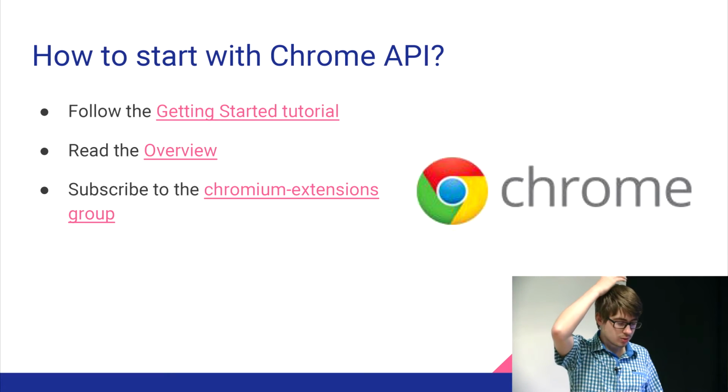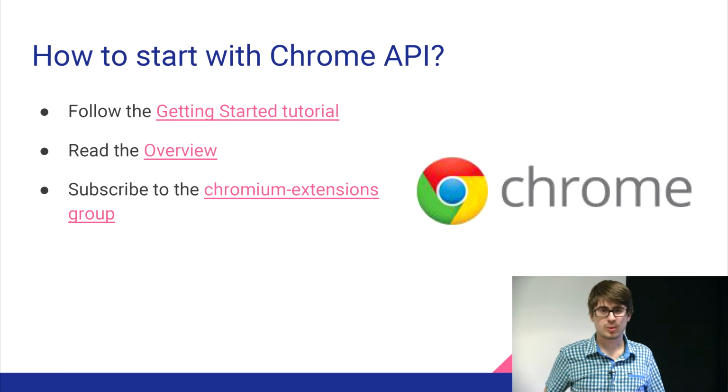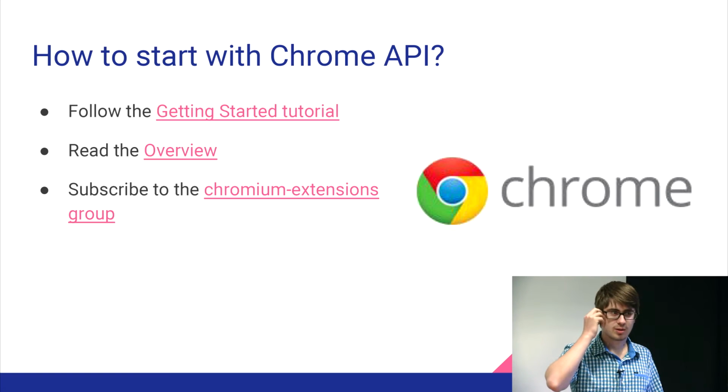There are some steps for how to start with Chrome API if you're interested in writing a web extension to improve the experience with web pages, or as a developer you may be interested in how to write an actual extension, because it can be useful in your projects.